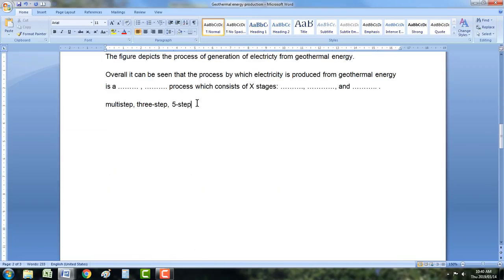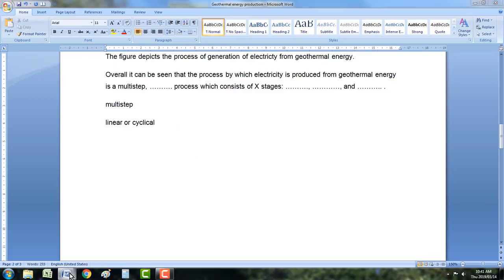So most of the time, it's safest just to go with multi-step over there. So there it is, a multi-step. And then this, you're just going to say whether it's linear or cyclical.